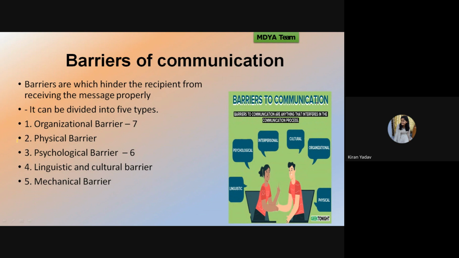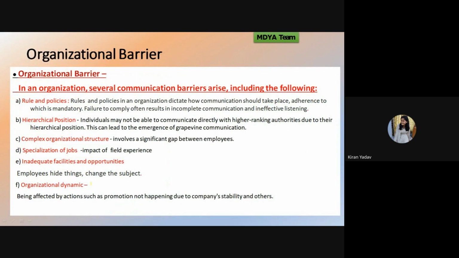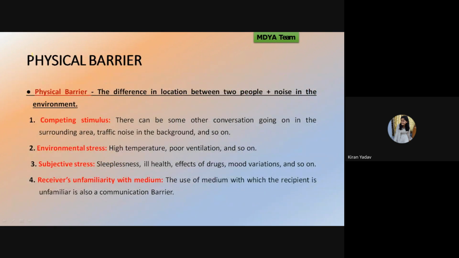So today we will do physical barrier, psychological barrier, and linguistic and cultural and mechanical barrier. Physical barrier. The difference in location between two people plus noise in the environment.